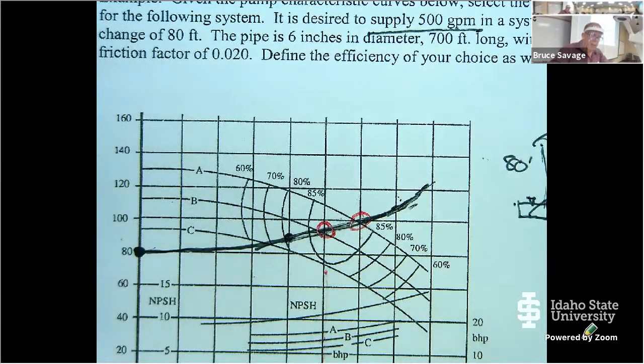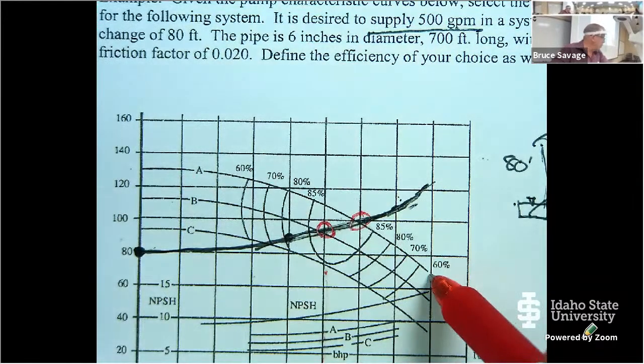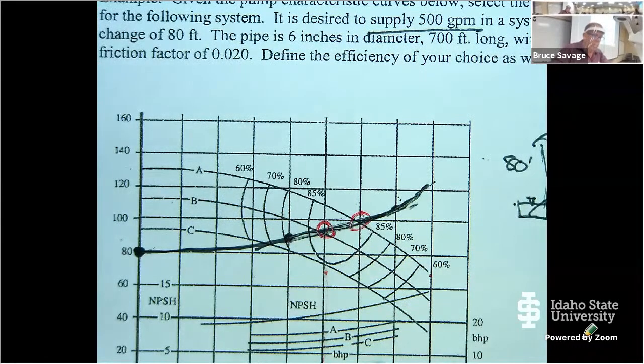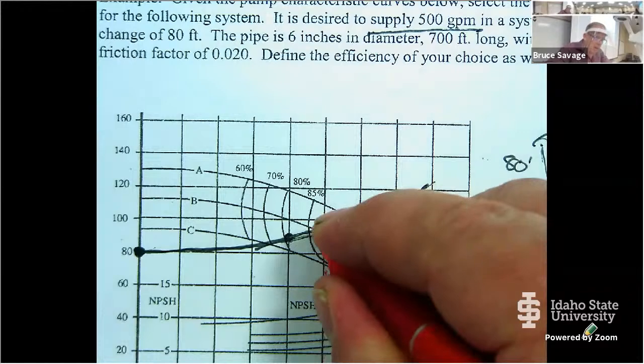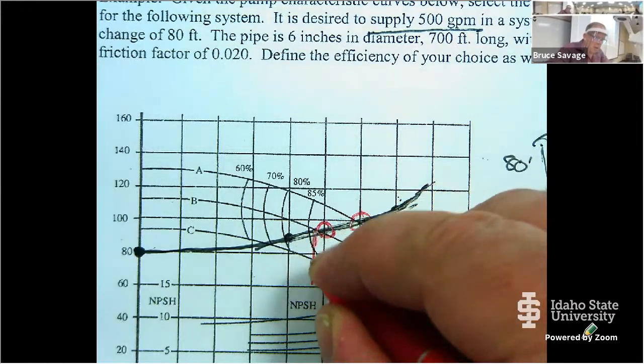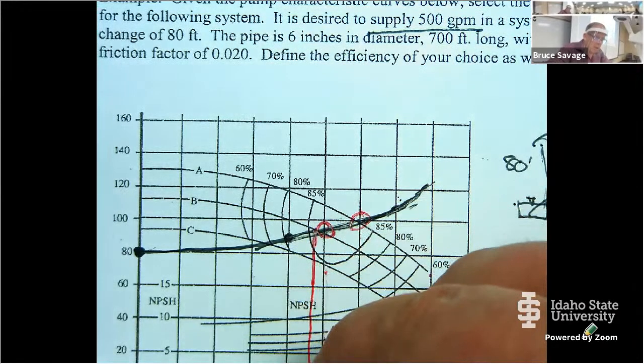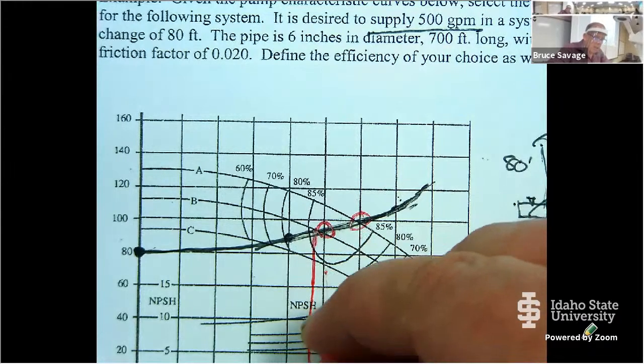I could plot this into Excel, and we'll talk about how to get the equation of this pump curve from the points on the pump curve, and then we could narrow it down in a little more detail. But actually, where this is going to operate is where those two cross, which is right here.